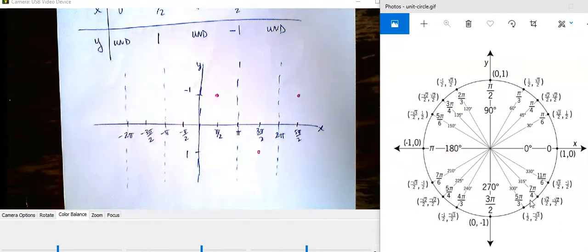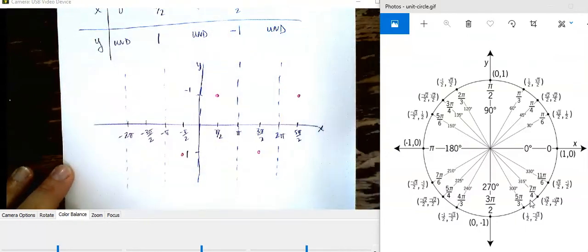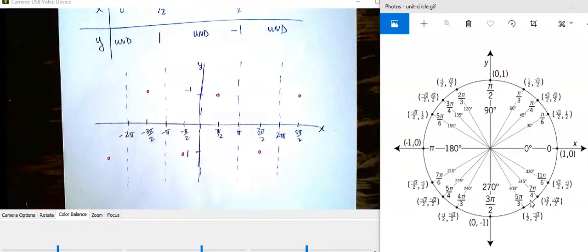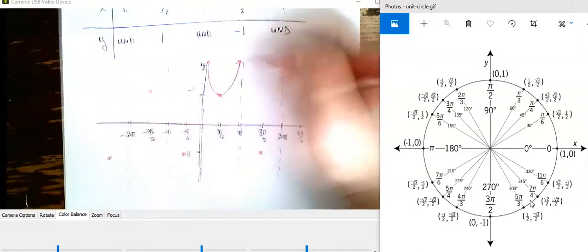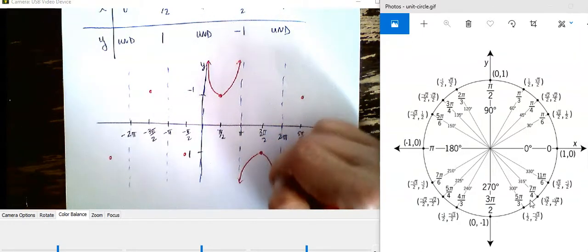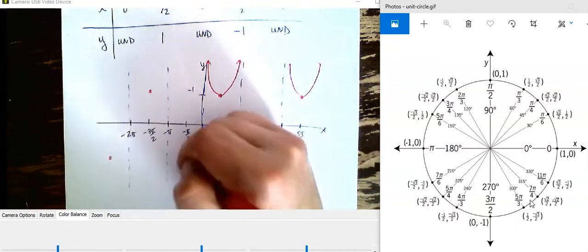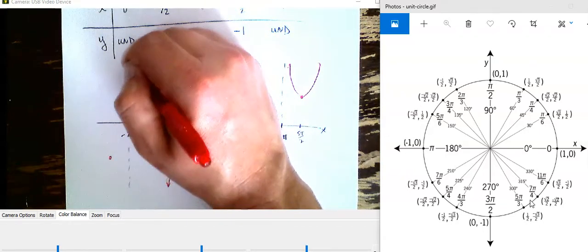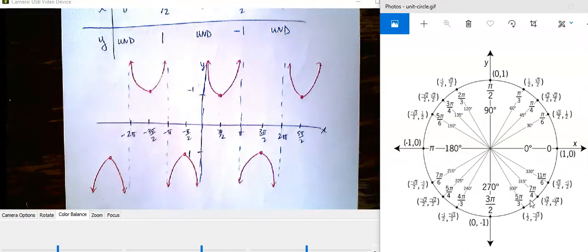Okay. So it looks like we would have a negative 1 at negative pi over 2, and then another positive 1, and then another negative 1 over here. Right? So it's the same idea. So we have these upward facing parabolas, downward facing parabolas, alternating. Of course, we could check that, but we know that's basically what's going to happen. Okay.